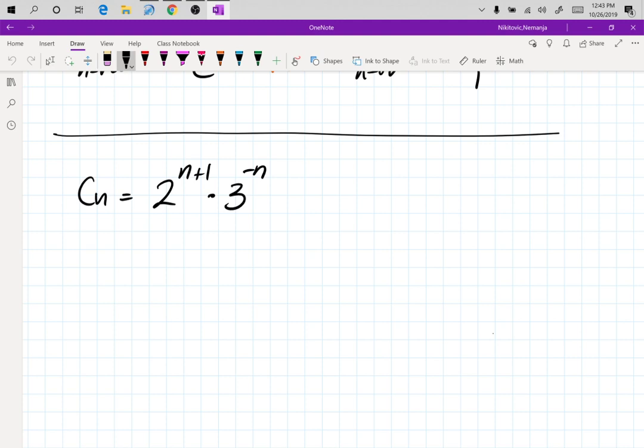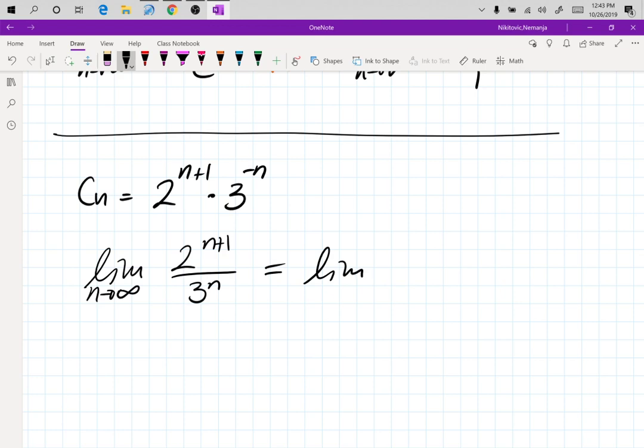Limit n goes to infinity, and I'll just put 2 to the n plus 1 over 3 to the n, because that's what it is. Now, I don't like that plus 1, so I'm going to peel off one of the 2's to bring that to 2 to the n.